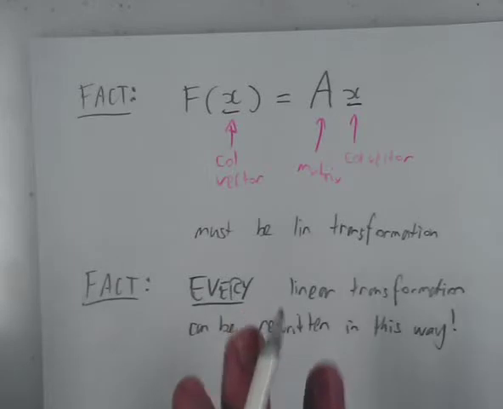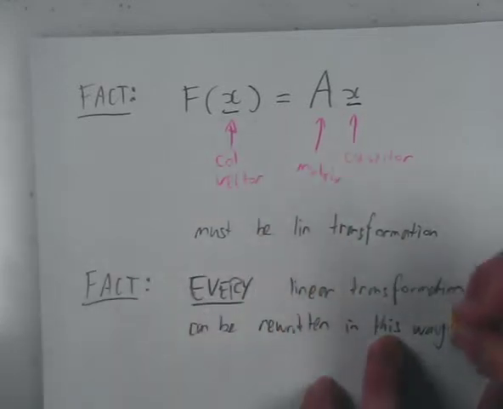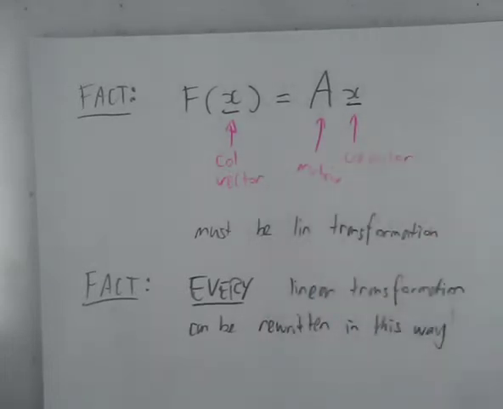And it's the same deal here. Any matrix will produce a linear transformation, but every linear transformation actually has a matrix if you really want. And in fact, it's better than that. It can be rewritten with a matrix in exactly one way. There's only one matrix that will make it work.